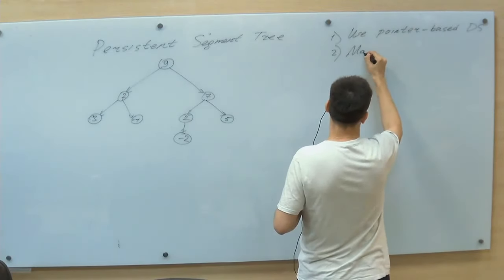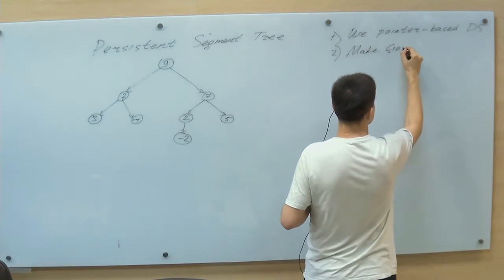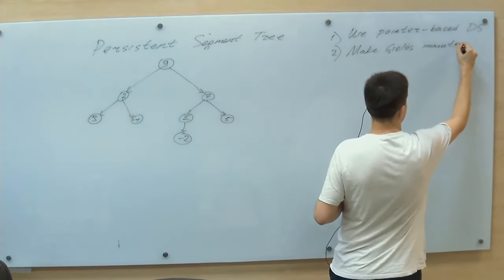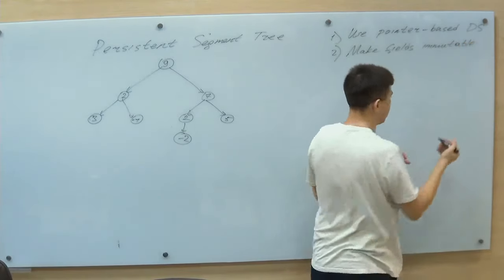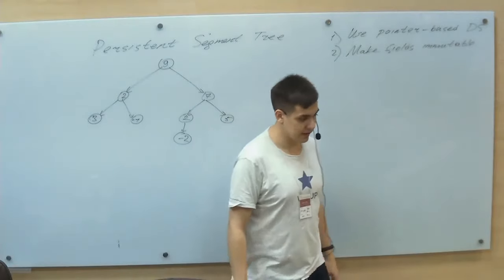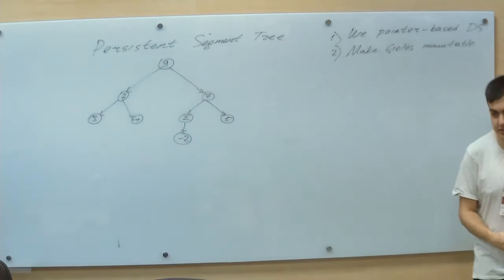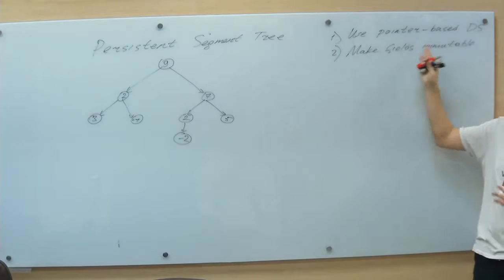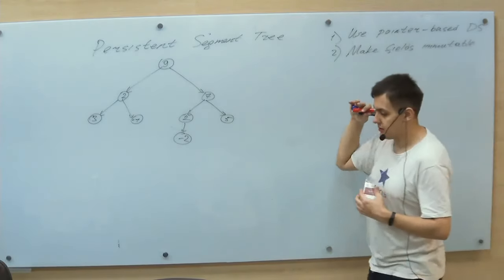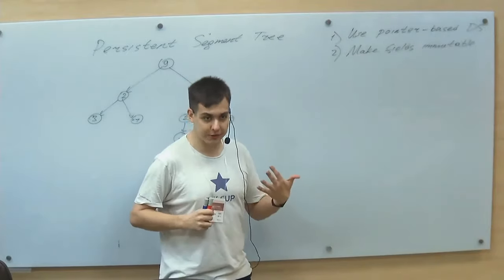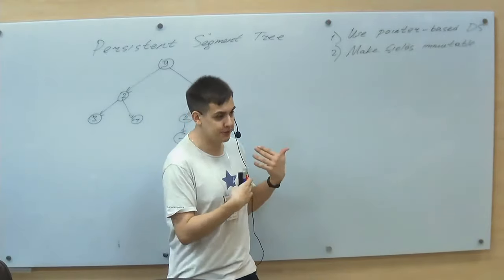Make fields immutable. If all of the fields are immutable and you never change them, and instead, to change some value, you create a new node with the new value, then it's harder for you to accidentally corrupt some version.